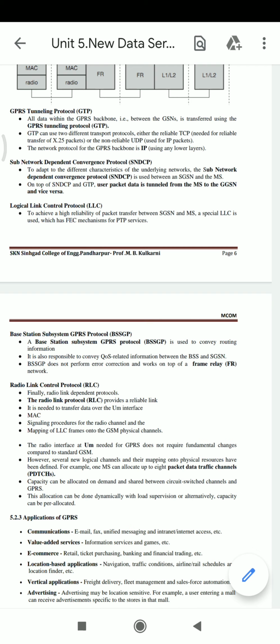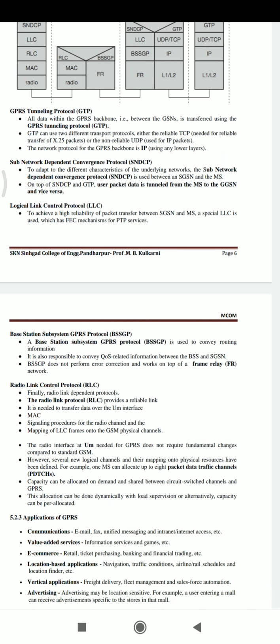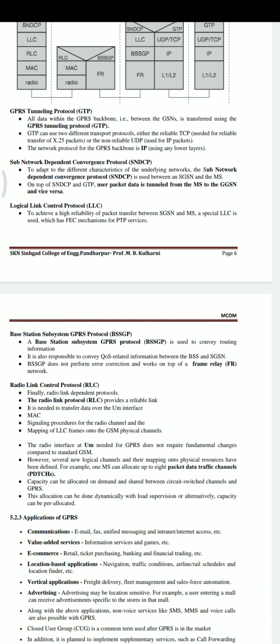Now we are moving towards the next protocol, that is base station subsystem GPRS protocol, BSSGP.